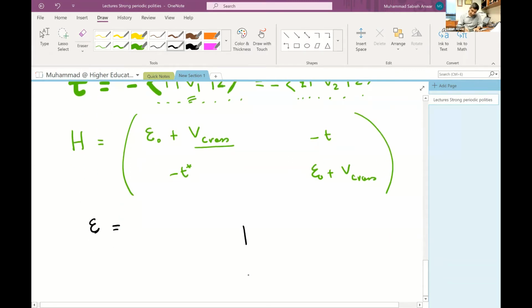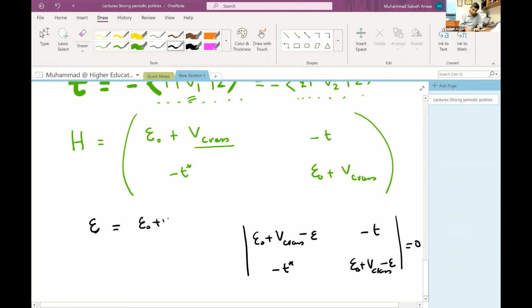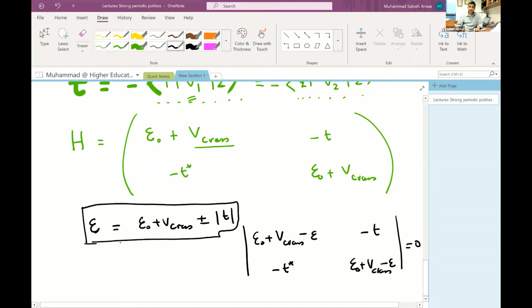Which means really that you need to find this characteristic equation and solve for the energy epsilon. And the energy turns out to be epsilon naught plus V cross plus or minus the magnitude of T. T, by the way, can be a complex number.